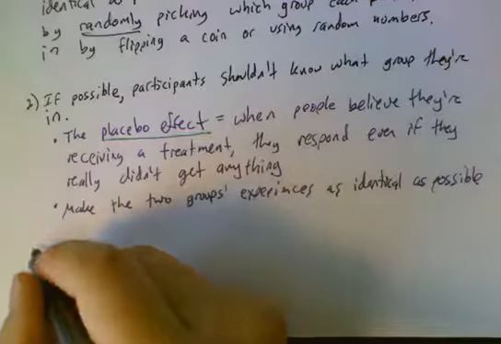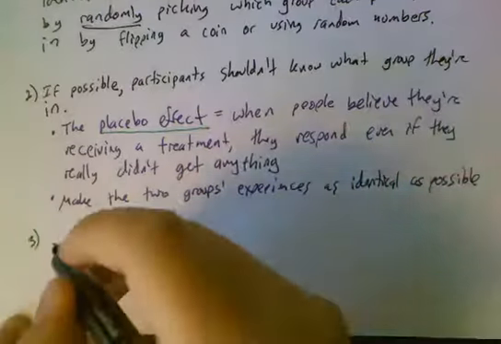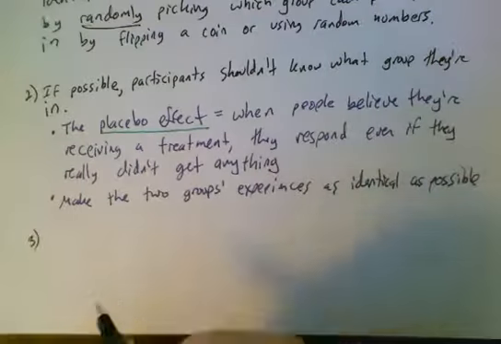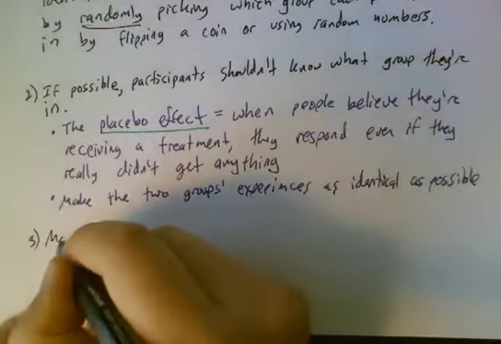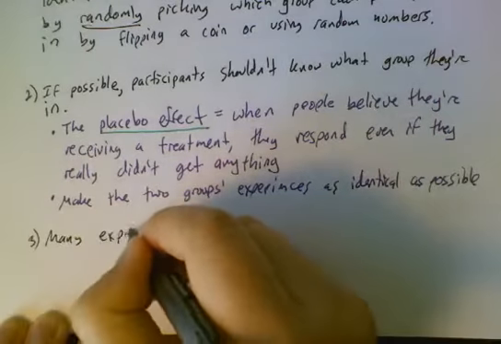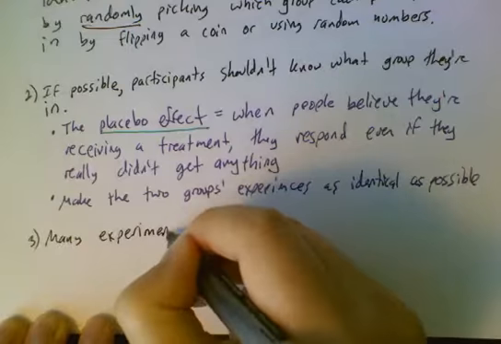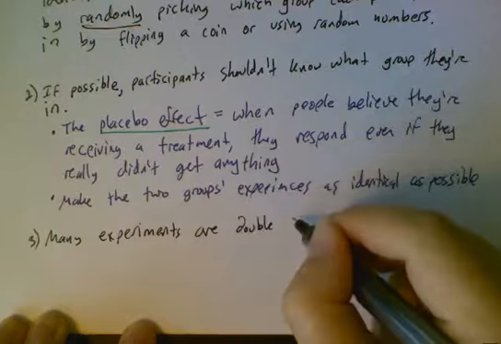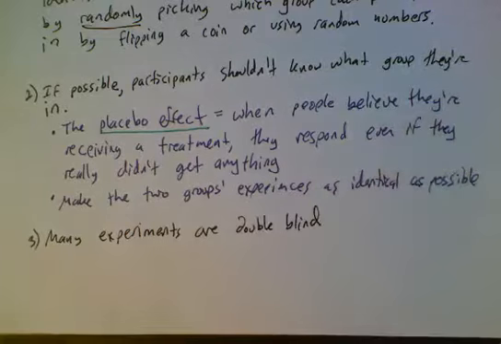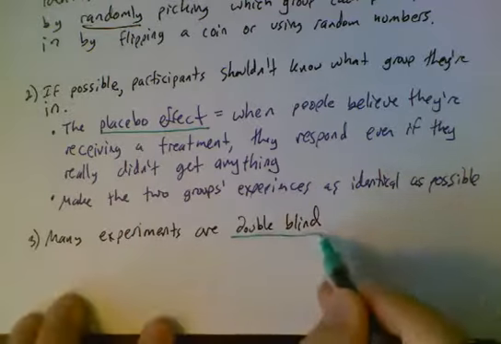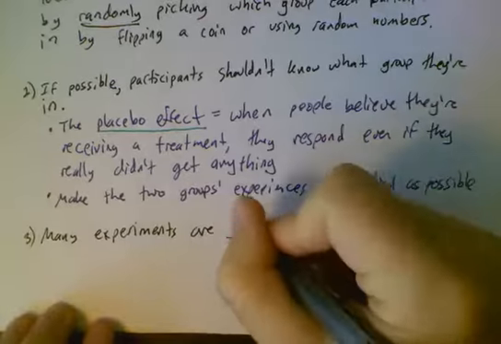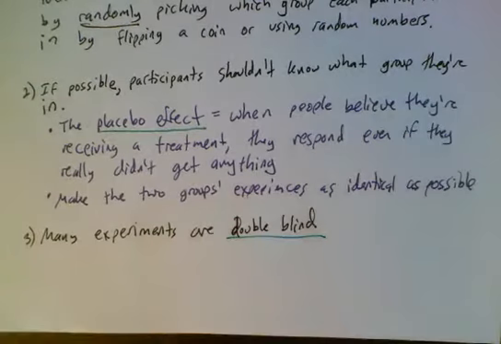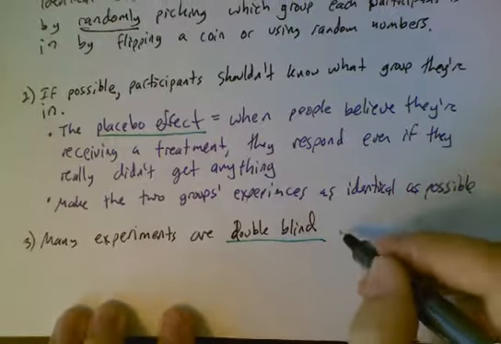And a third thing that's really common is that many experiments are what is called double-blind. And what double-blind means is simply that the researcher measuring the results doesn't know who's in each group.